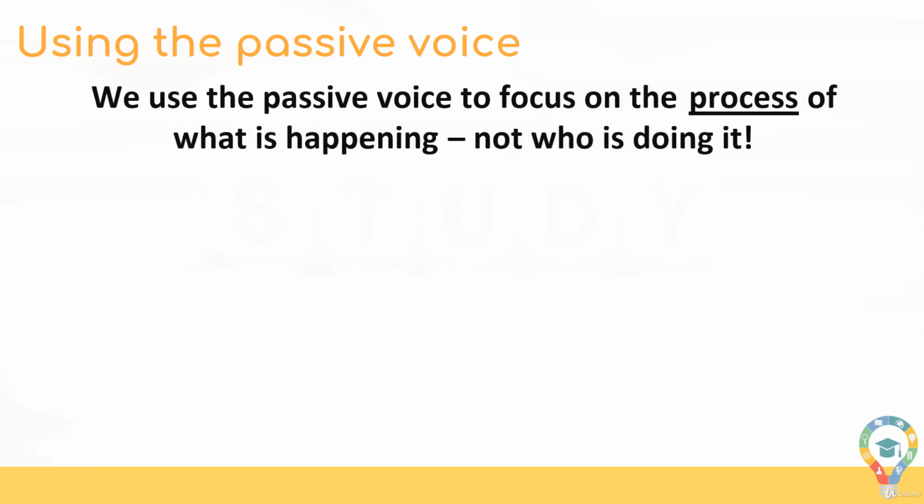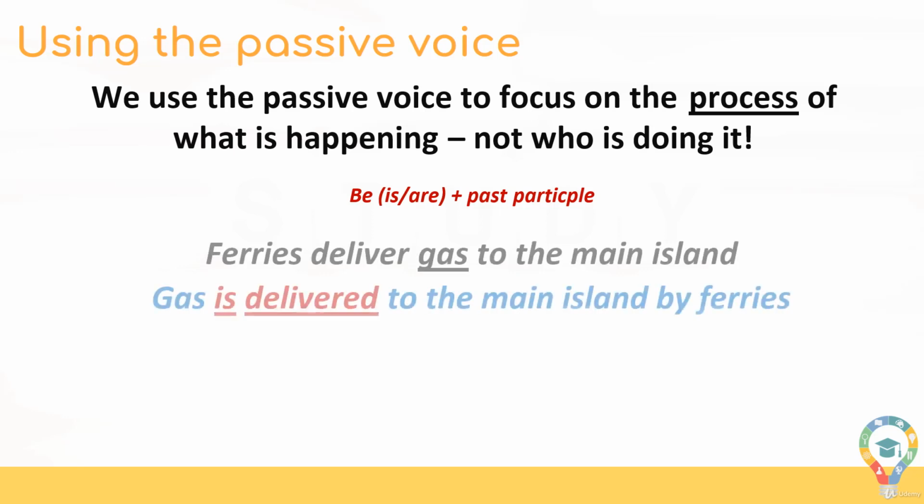So we use the passive voice to focus on the process, the process of what is happening, not who is doing it. And again, it's the verb be, is or are, plus past participle. So the passive voice is making your writing more about the action that is happening, not who is performing the action.